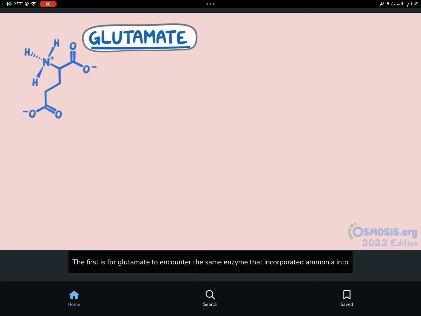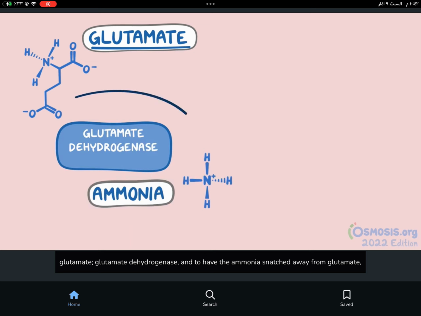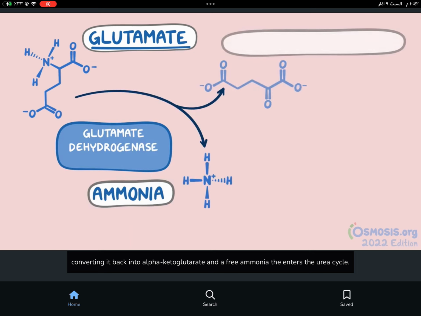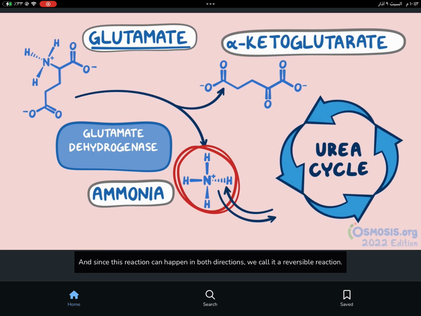The first is for it to encounter the same enzyme that incorporated ammonia into glutamate, glutamate dehydrogenase, and to have the ammonia snatched away from the glutamate, converting it back into alpha-ketoglutarate and a free ammonia that enters the urea cycle. And since this reaction can happen in both directions, we call it a reversible reaction.